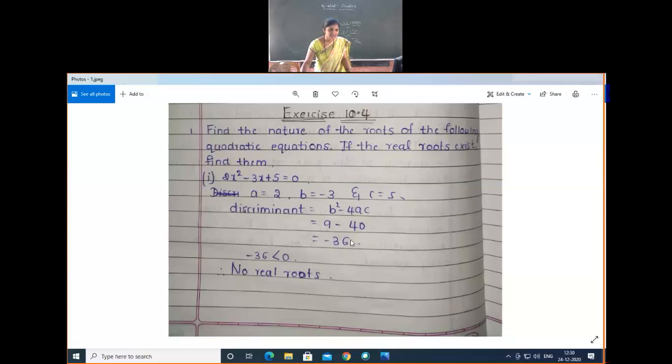Sometimes this happens. So this one is minus 31, anyhow a negative value only we will get. Minus 31 is less than 0 only, so the answer is no real roots only. Got the idea? Next problem.